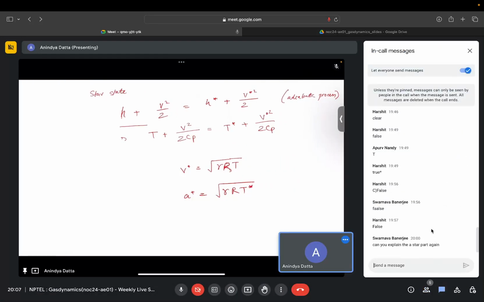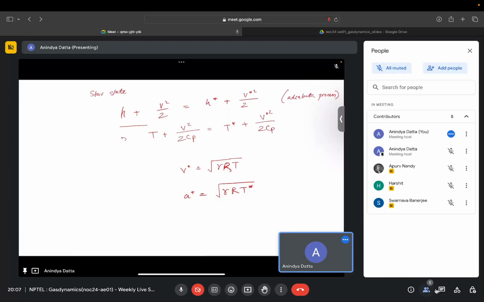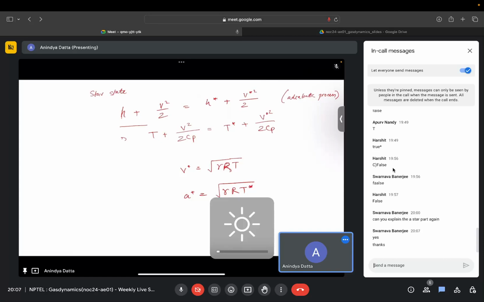Does that answer your question? Yes. So think of this as equivalent to our stagnation temperature. The stagnation state and the star state are thermodynamically equivalent reference states. We derive these stagnation properties or star properties because in some cases it's easy to express the quantities in terms of star or stagnation properties, as we have seen.